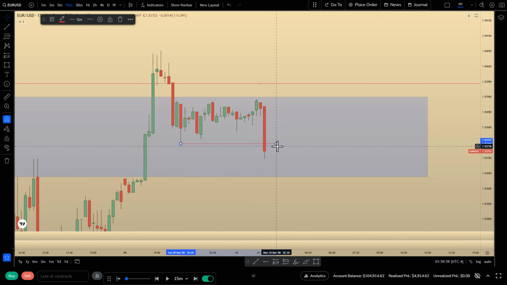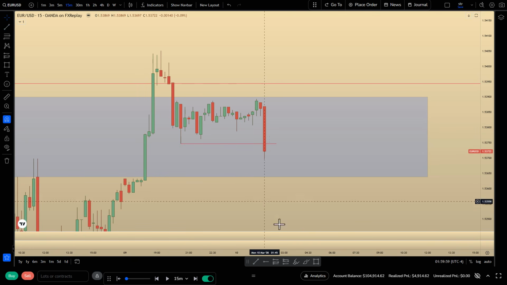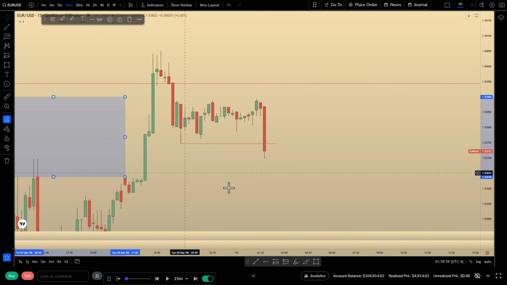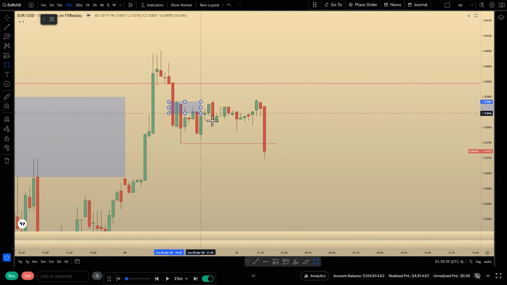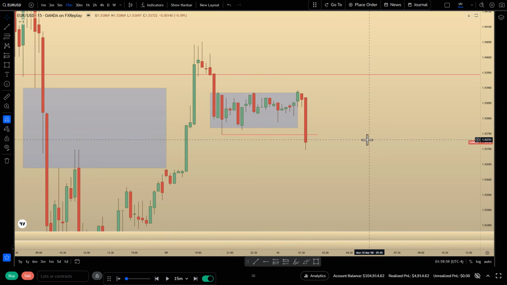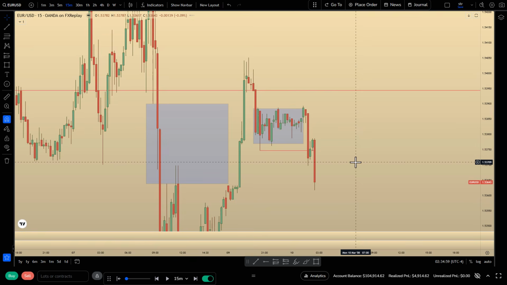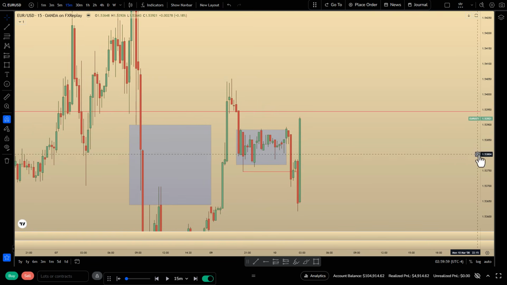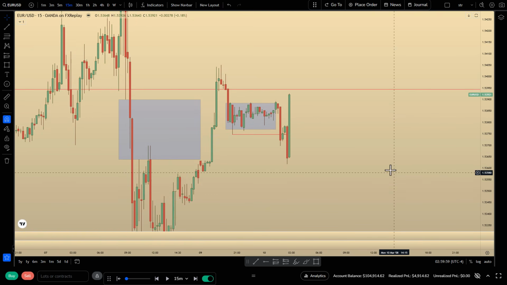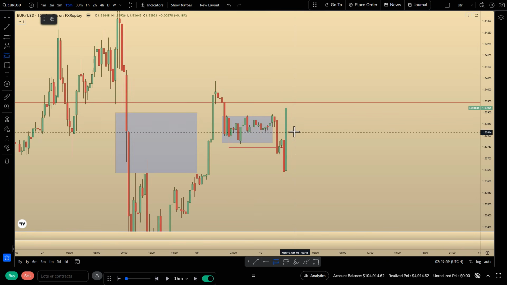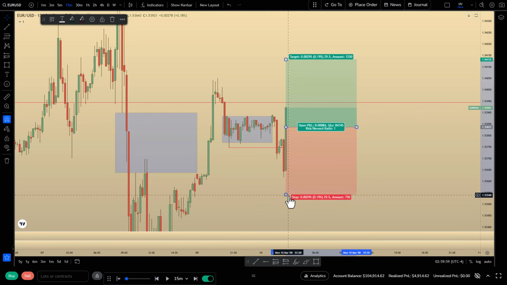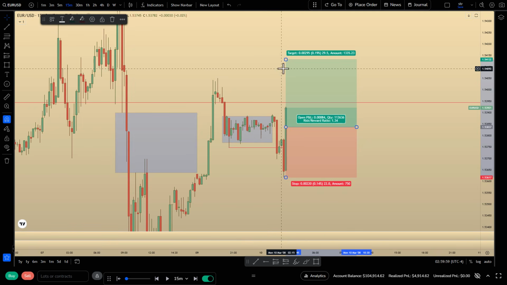It traded below the Asian session range, just like Friday. Alright, beautiful. We might have a chance to enter from here. Let's see.